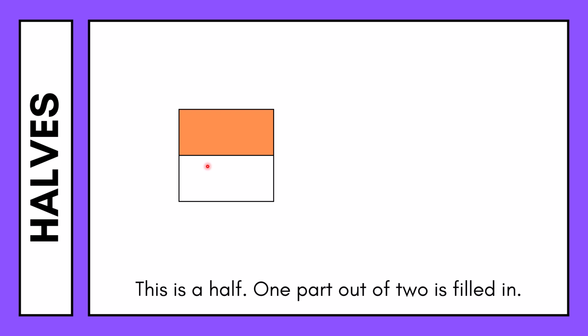So whenever there is one figure which is divided into 2 equal parts, we say that this is 1/2 of the whole. So 1 part out of these two parts is colored, and 1/2 is colored. We can also say 1/2 of this shape is colored orange. Correct? Let's go ahead.